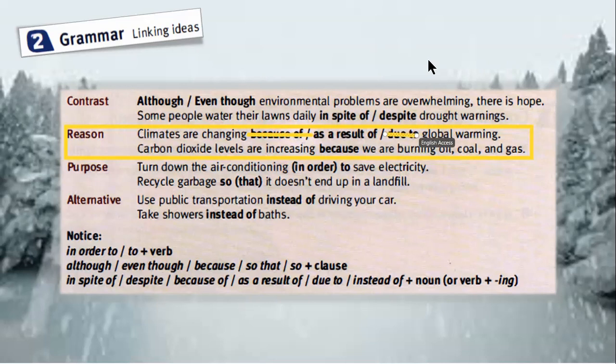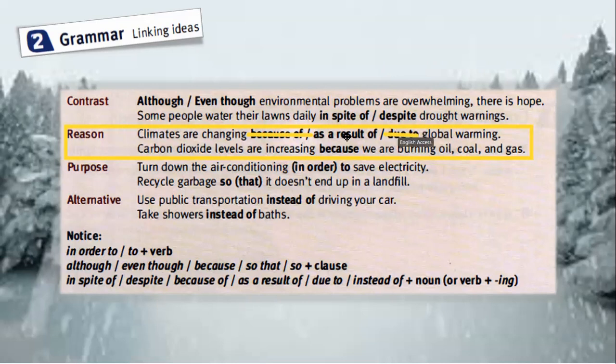We were having because of; we could say as a result of global warming.